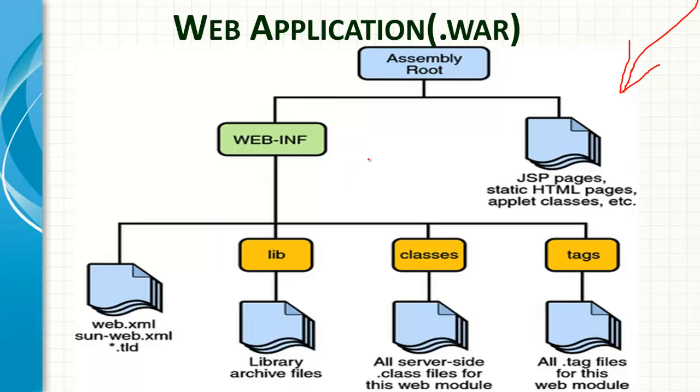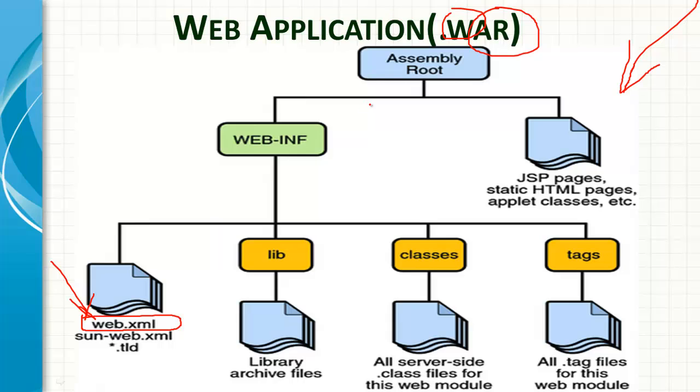Within the web deployment descriptor you define the entry point for the whole web application. The moment we deploy the WAR in the web server, it says that okay, I will look at the root of your .war. A WAR is nothing but a zip file, a web archive.